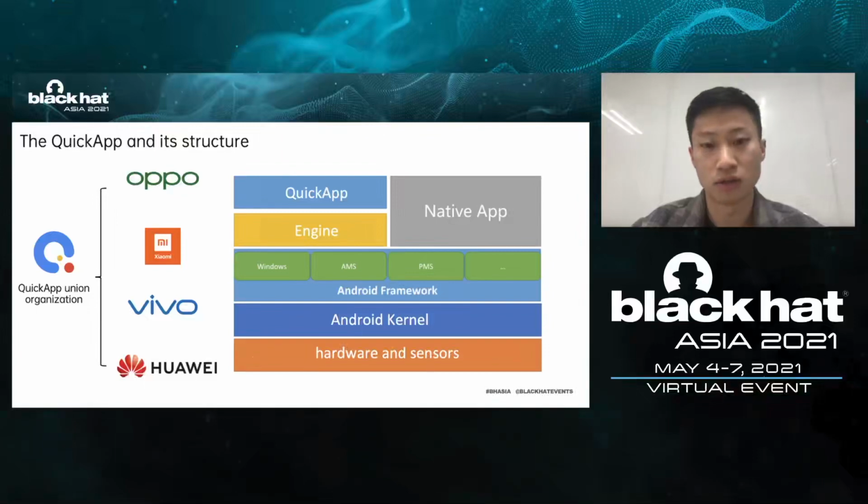And in the right panel, I gave a picture. It is a basic structure of QuickApp. It is running on the QuickApp Engine, which is a native Android app. All these are running on the Android system. The QuickApp Engine interacts with the application through the Chromium V8 engine, and also it can access hardware and sensors directly.